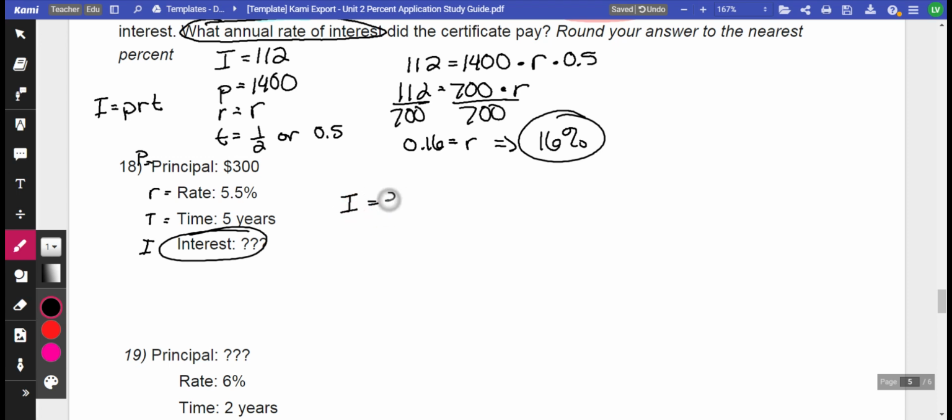So I equals 300 times 0.055 times 5. Sometimes it gives us that information and sometimes it doesn't. So the interest is $82.50.